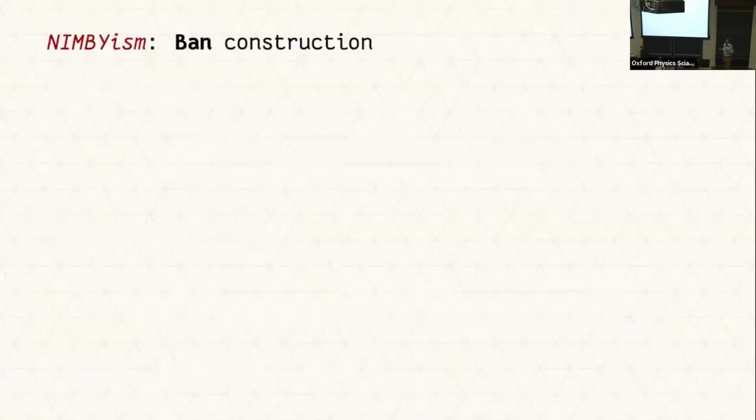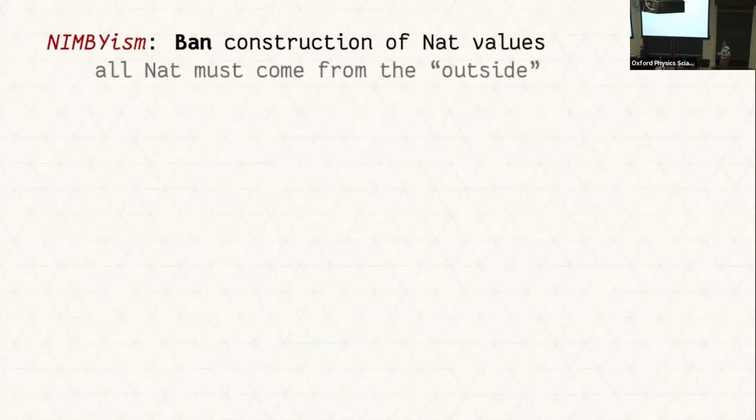So the way we stop that is basically to ban any kind of construction. We adopt a NIMBY approach where we make sure that things that can be used to make computation go are not constructible by the program. So we're not allowed to construct any NAT values within the program. All the NATs must come from the outside, so we never have closed programs.